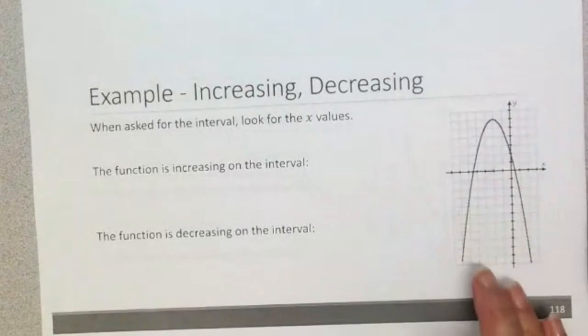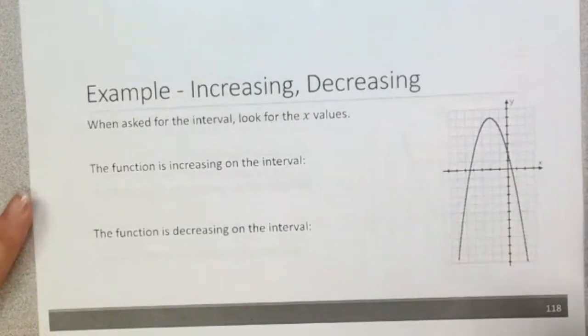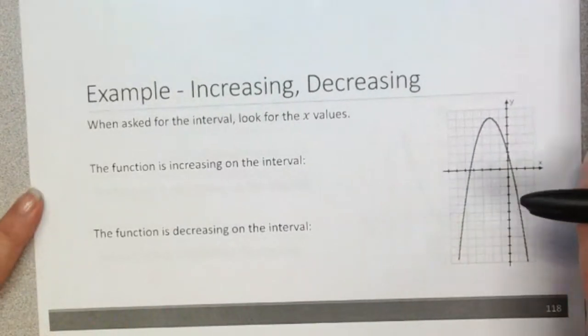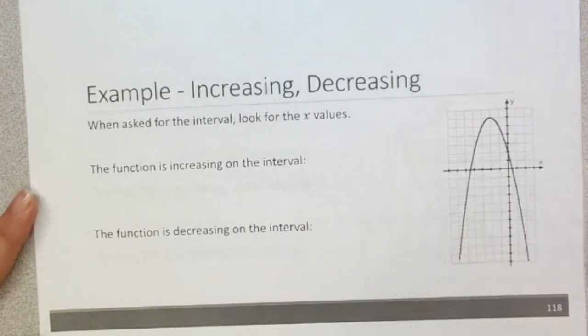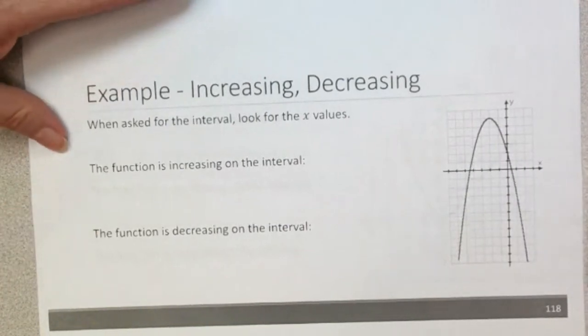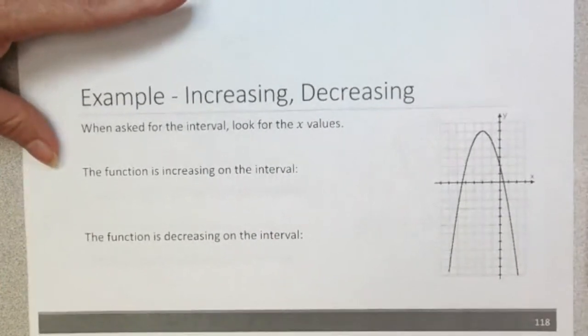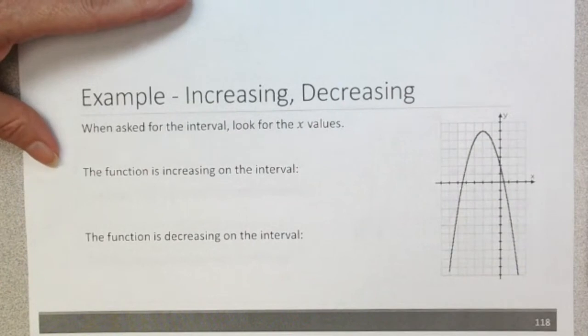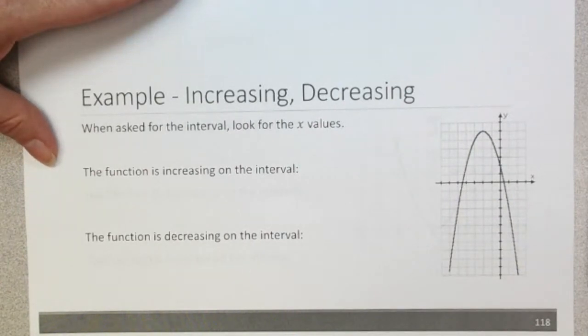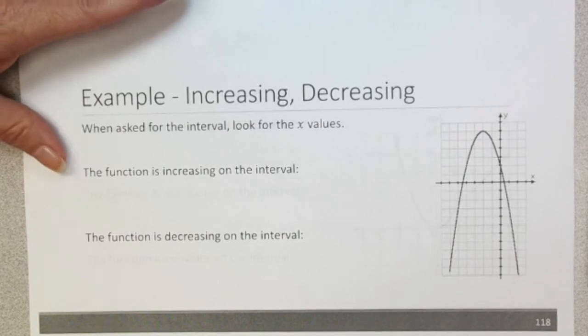If we look at this graph here, where is this graph increasing? Where is this graph decreasing? And if anywhere, where is it constant? When we're identifying an interval of increase or an interval of decrease, we always refer to the inputs, or the x values. The intervals of increase and decrease are always referring to intervals of the independent variable.